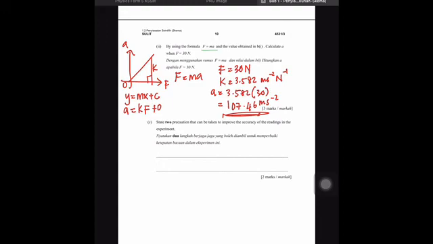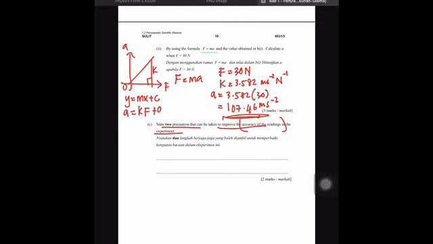Next, state two precautions that can be taken to improve the accuracy of the reading in the experiment. So the purpose is to improve the accuracy of the reading. There are two. When you answer this question, you must mention the action and then the reason.